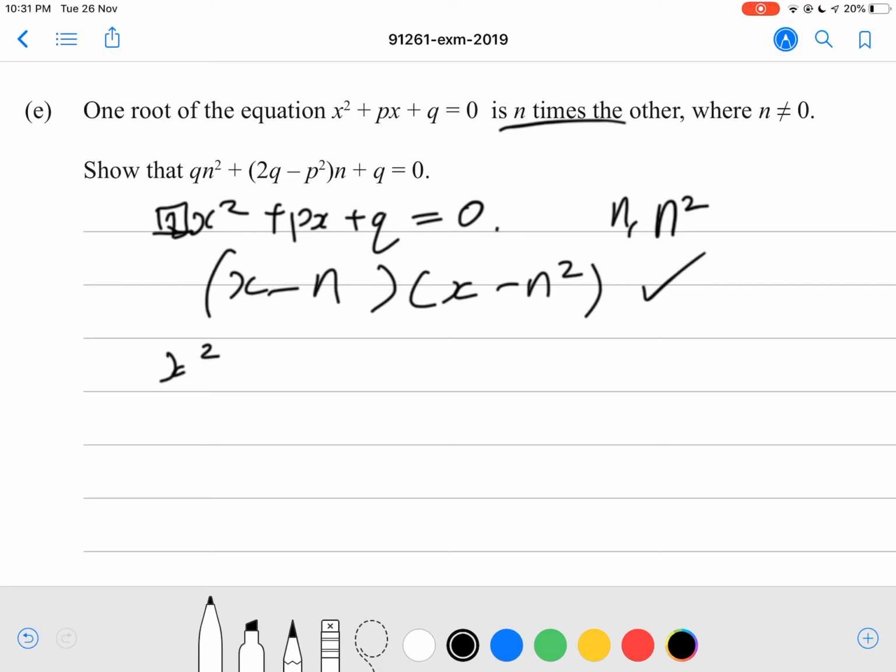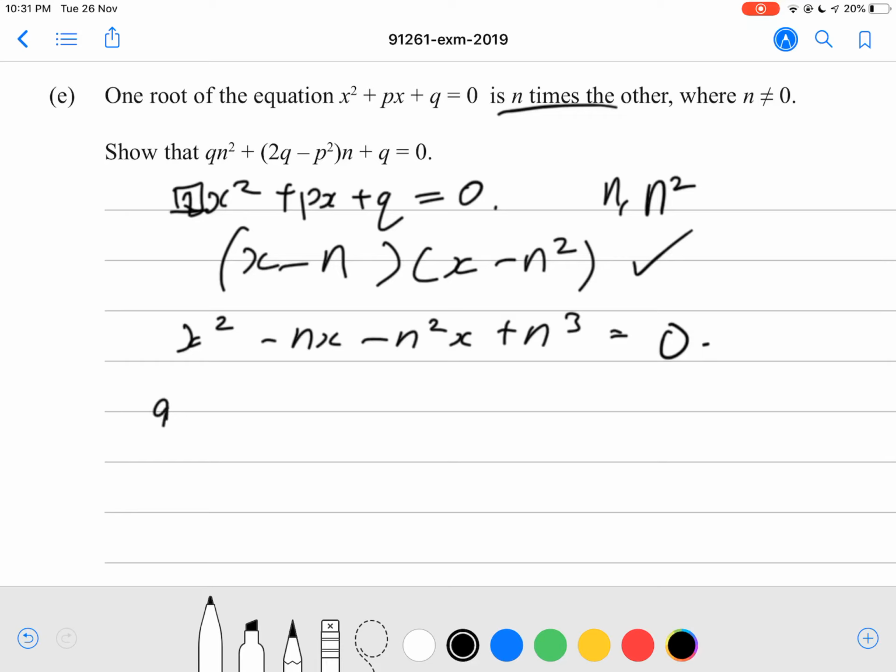So we're going to say x squared minus nx minus n squared x plus n cubed is equal to 0. Alright, so now you have this qn squared plus 2q minus p squared n plus q equals 0.